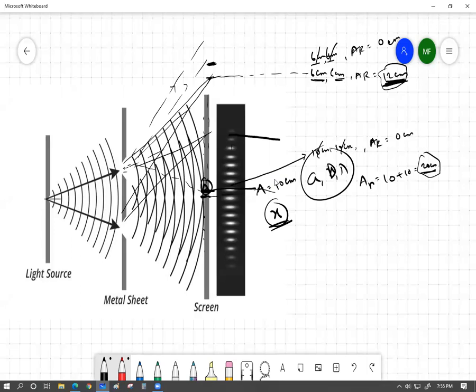Depending upon how much path they have covered, they can either meet perfectly synchronized with each other, which we call constructive interference, or they can meet perfectly out of sync, which we call destructive interference. Locations where they meet perfectly constructively are the maxima points, where we have really bright light, and locations where they meet perfectly destructively, or with a 180-degree phase difference, will perfectly cancel each other out.